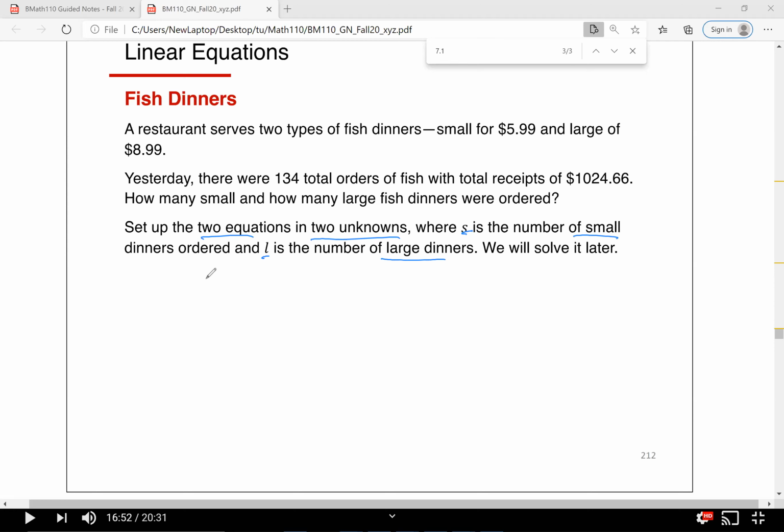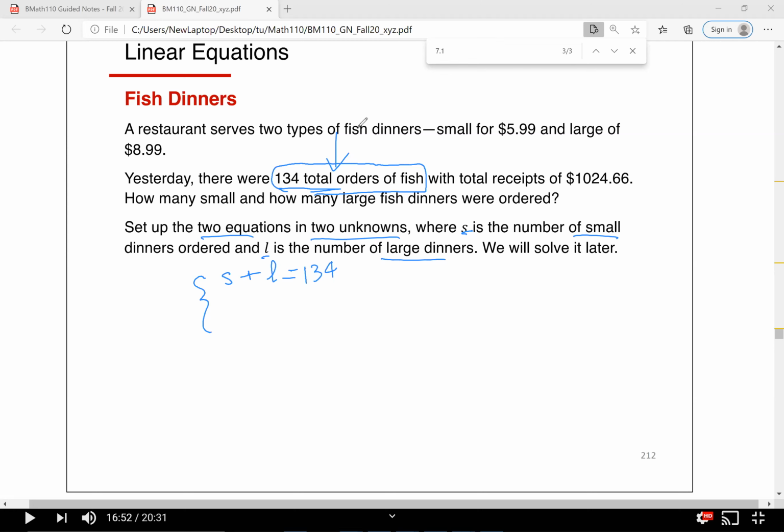We have 134 total orders of fish, so the number of small orders added to the number of large orders will be equal to 134, because this is the total orders.